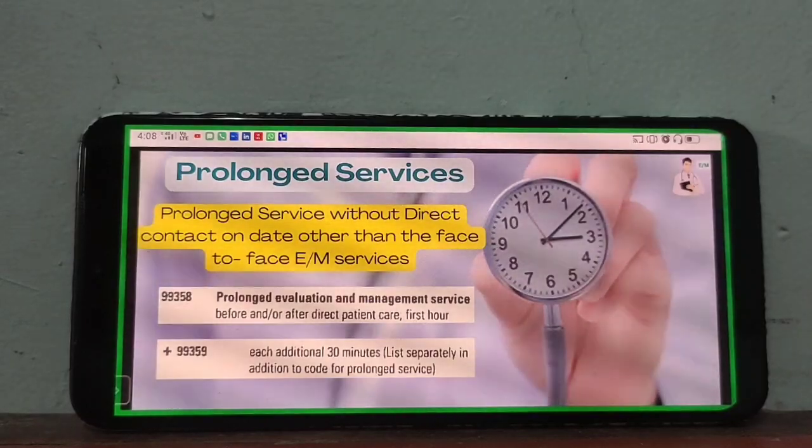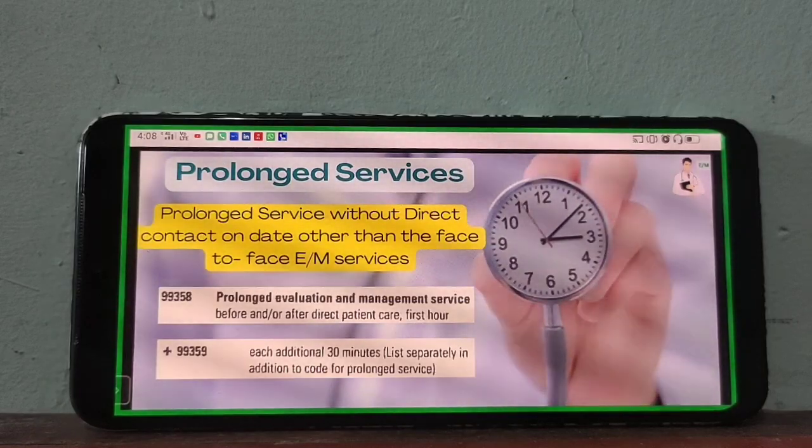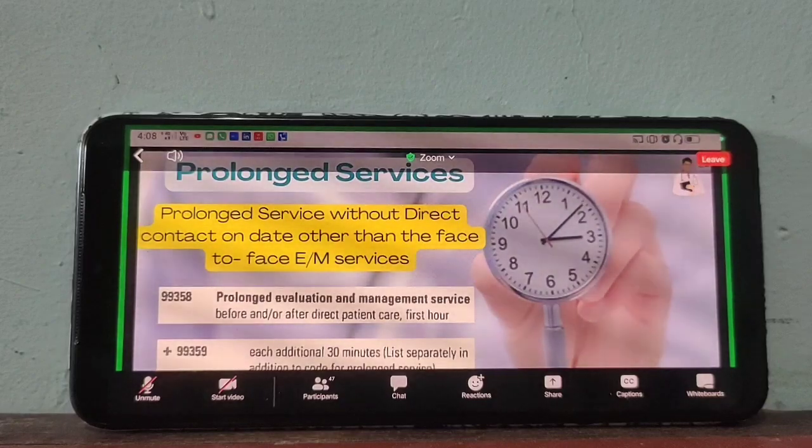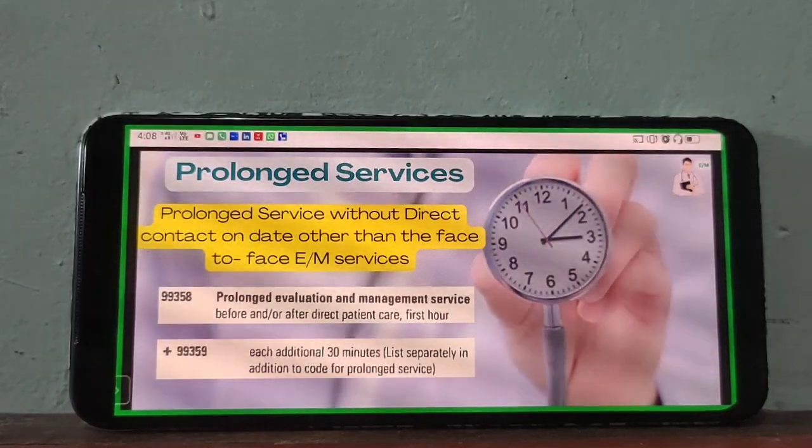In the evening, suddenly I have a new complication, or the complication rises. So the doctor communicates with me after the direct meeting, after direct communication between the doctor and the patient. Again I communicate with the doctor.